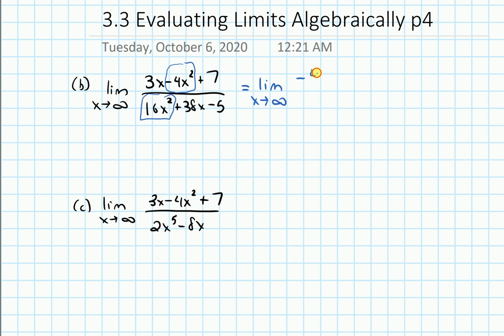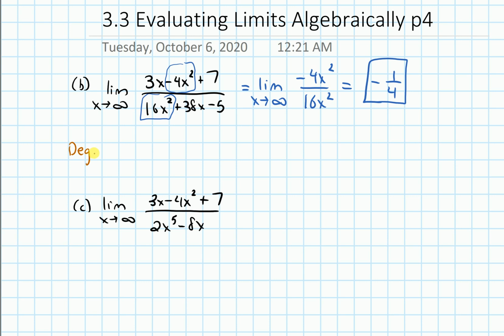So we get negative 4x squared over 16x squared. The x squareds cancel, and dividing top and bottom by 4, we get negative 1/4. That's the same thing we got without the shortcut. That was really quick, and that's the power of this shortcut technique.